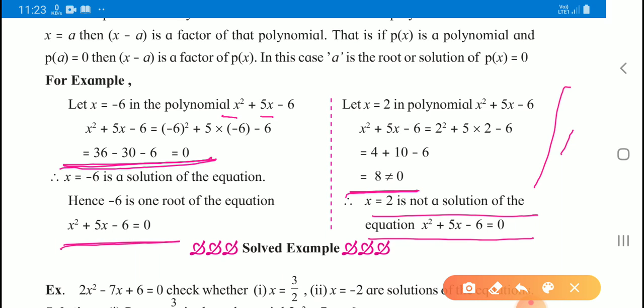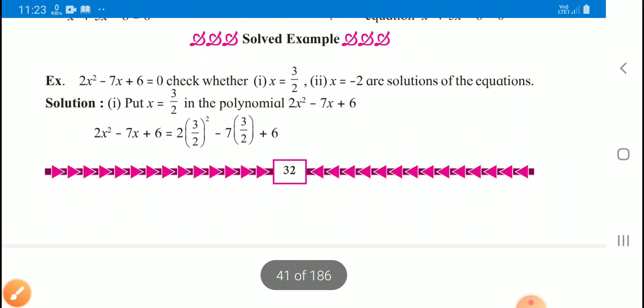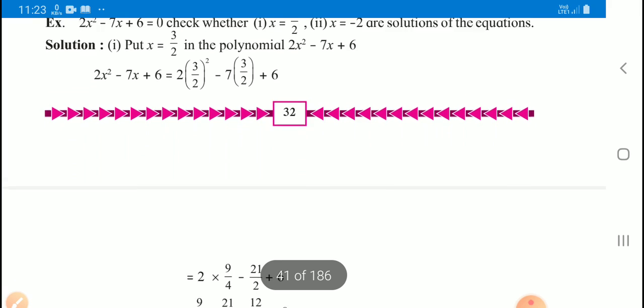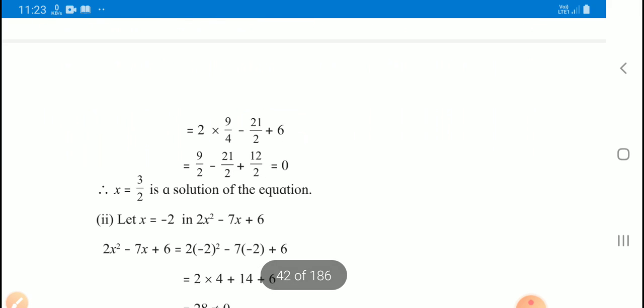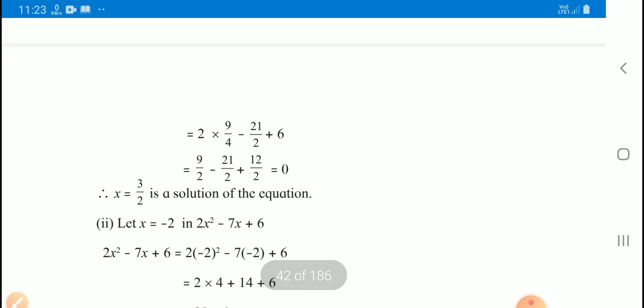Okay, now we will see the next example they have given, that is 2x square minus 7x plus 6 equal to 0. They have given two values, and you have to check whether these are solutions of the equation or not. Here, after solving, when they put x equal to 3 upon 2, they got the value 0.